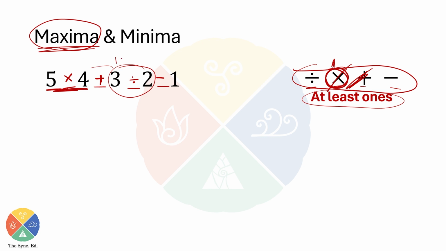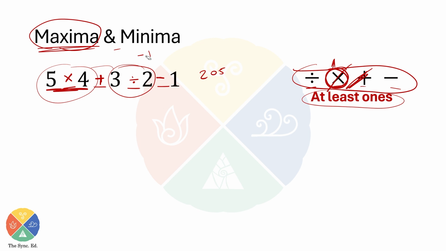So 3 is going to become 1.5, and then minus 1 is going to happen on that. So eventually to this 5 into 4, only 0.5 is going to get added. You are going to get an answer something like 20.5.